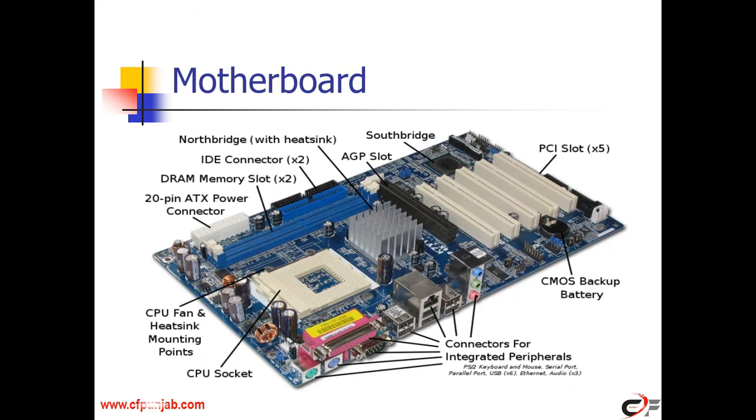The main printed circuit board in a computer is known as motherboard. Numerous major components crucial for the functioning of the computer are attached to the motherboard. These include the processor, memory, and expansion slots. The motherboard connects directly or indirectly to every part of the PC.